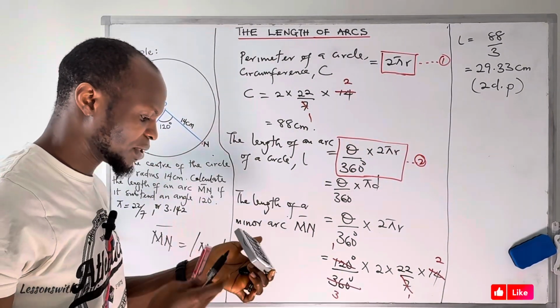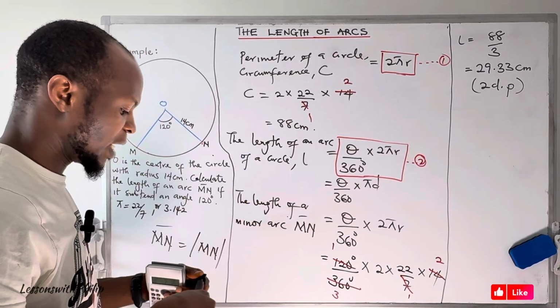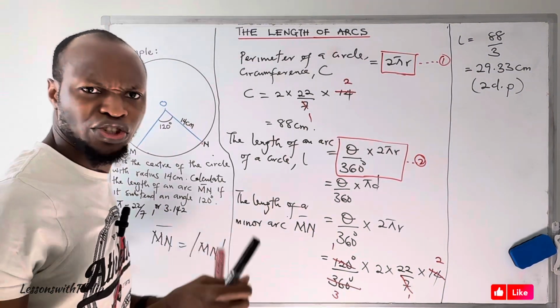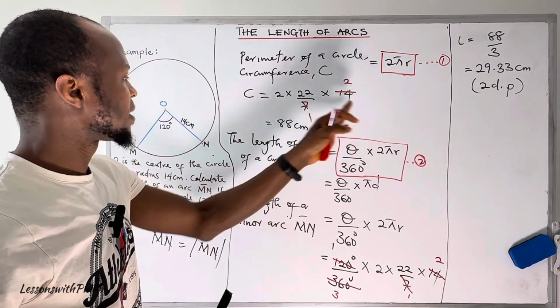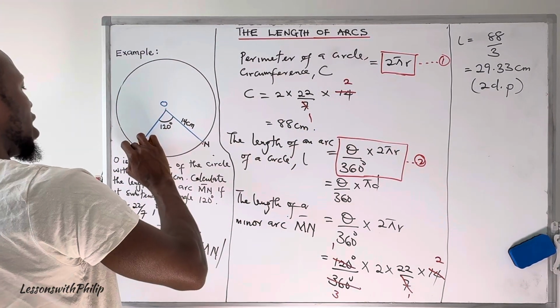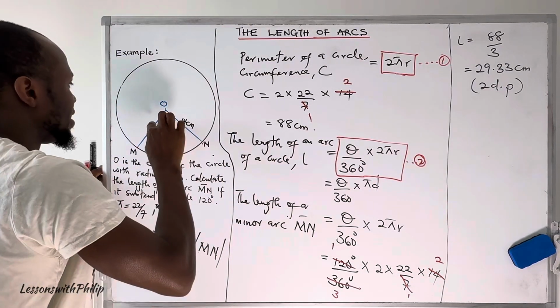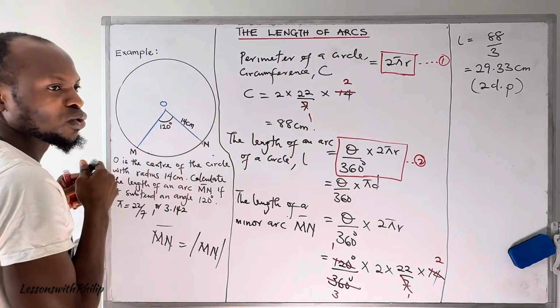In some cases, you may not be asked to calculate the length of the minor arc. Sometimes, if I'm asked to calculate the major arc, which is from this place to this place, don't forget, I've told us that the sum of angles in a circle is equal to 360.